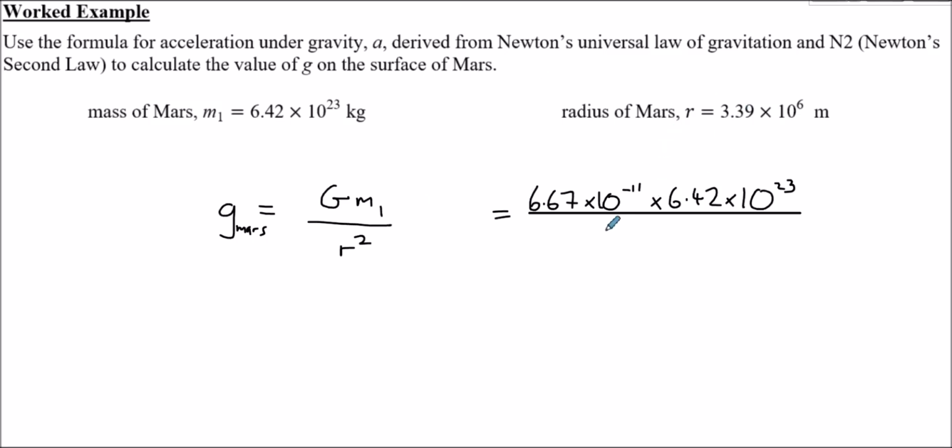So the radius squared is going to be 3.39 multiplied by 10 to the 6, all of that squared. So let's work this out.